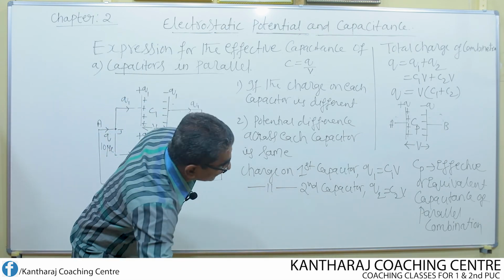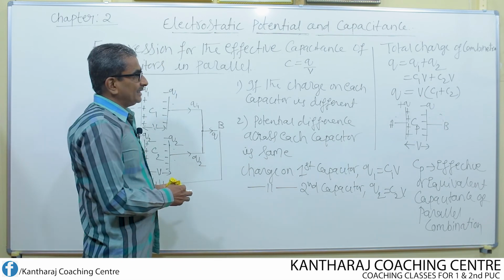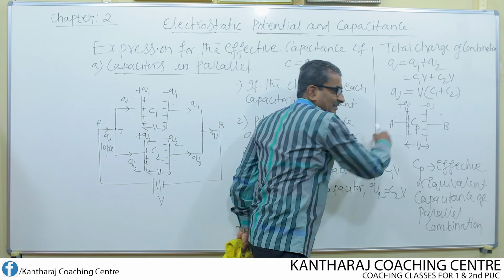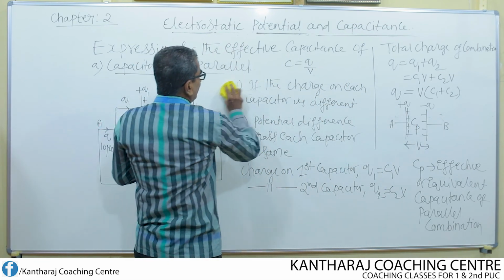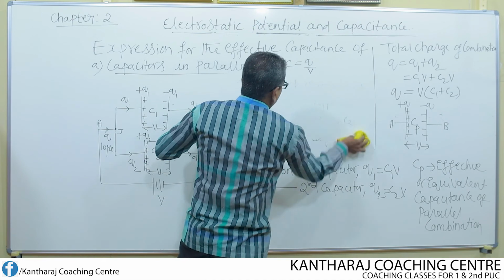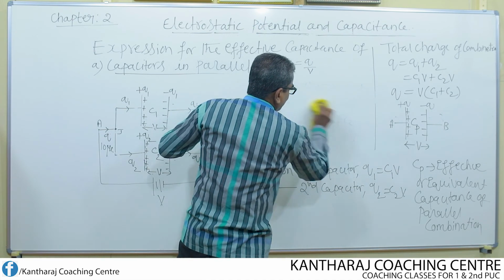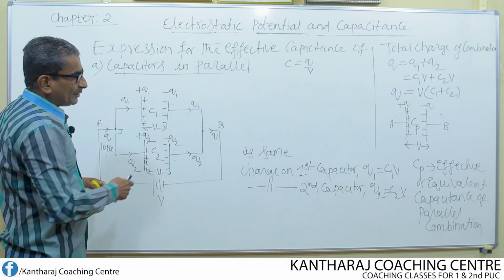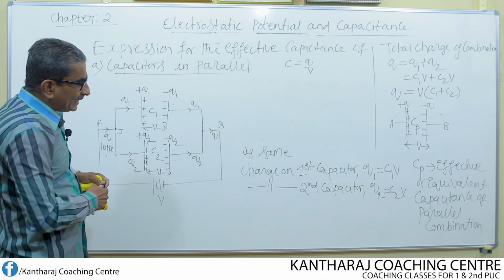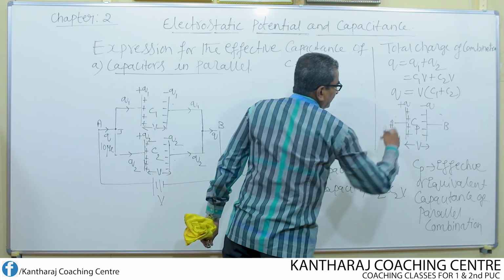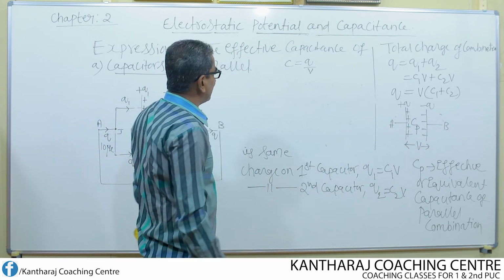Now, what is the effective capacitance of this parallel combination? Let us write one equation for that. In order to get that equation, I write once again the expression for the charge on this equivalent capacitor.